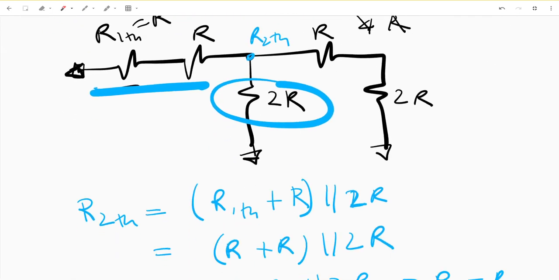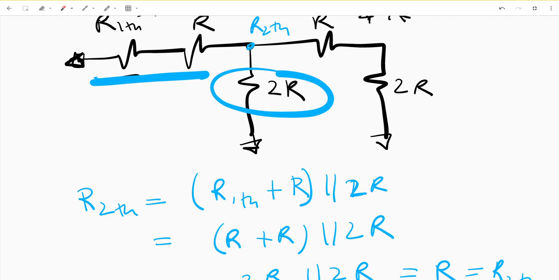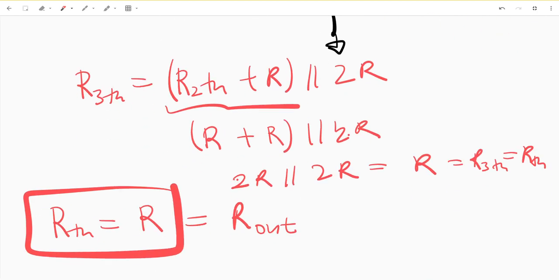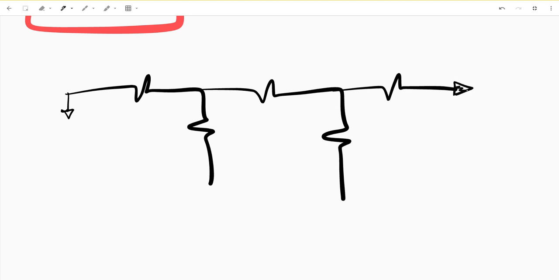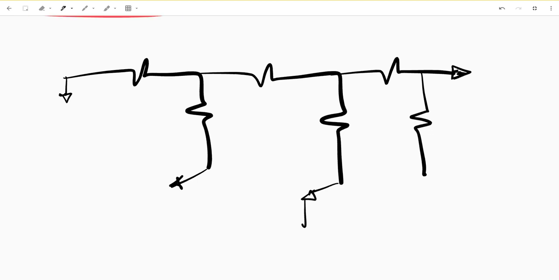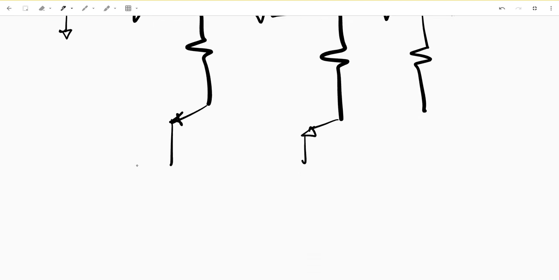Now, in order to find the voltages of this circuit, we need to consider that if we have a circuit that looks like this, again, this goes to the op amp, and this goes to our VREF.